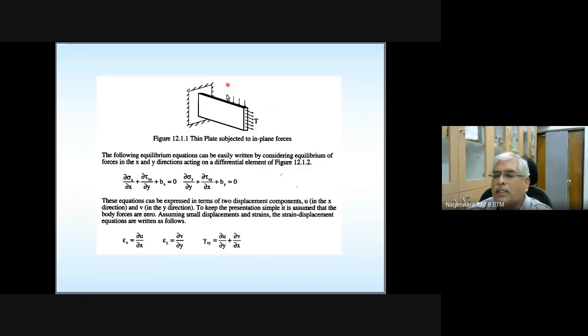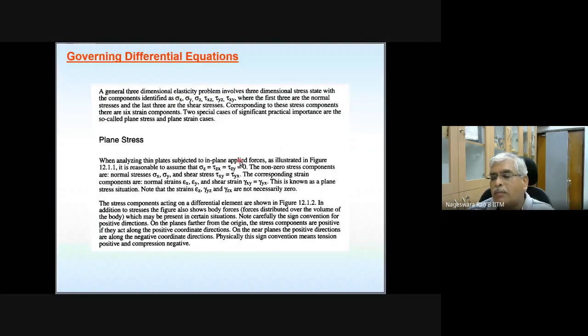So the load is in plane, in the plane of x and y. You take the axis along the length of the member as the x-axis, the axis along the width as the y-axis, and the axis along the thickness as the z-axis. So the load is applied along the xy axes, that is in plane. That is what in plane means.